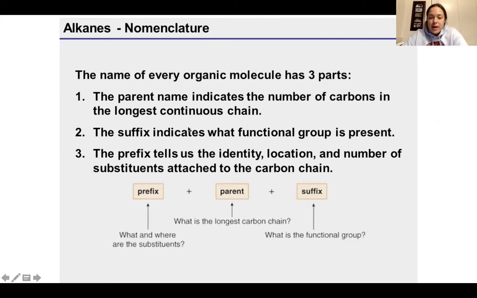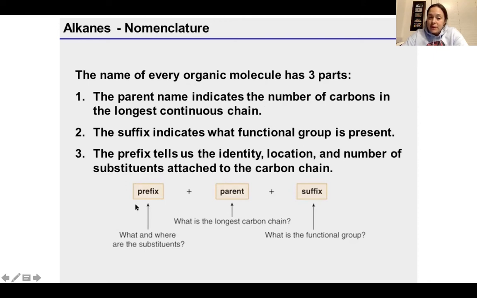That parent name indicates how many carbons are in that chain. The suffix at the end tells you what kind of functional group is present. We'll get to cases where more than 1 functional group is present, and then there's some priority that takes place.